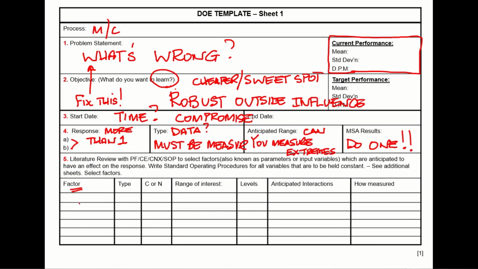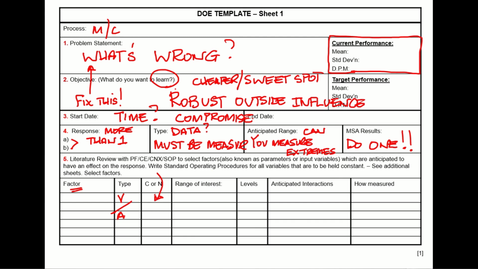Okay, so of course, what's the variable? What type of variable is it? So if it's measurable, like temperature, it's a variable measure. If it's attribute, like supplier 1 versus supplier 2, or material 1 versus material 2, then that is an attribute variable or an attribute factor.